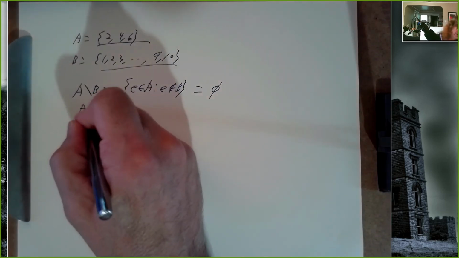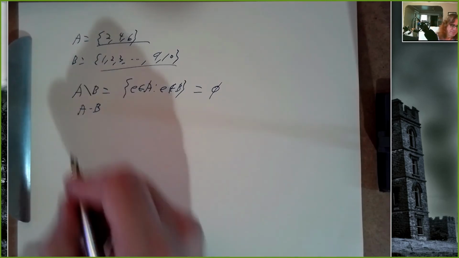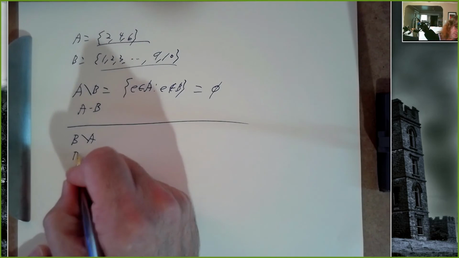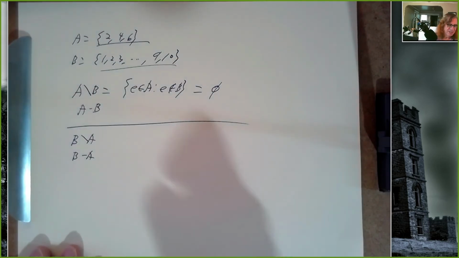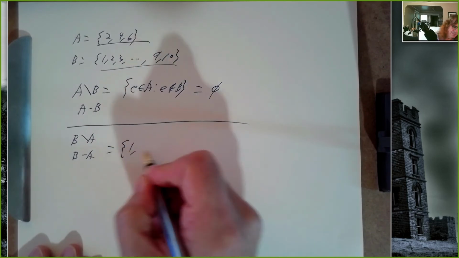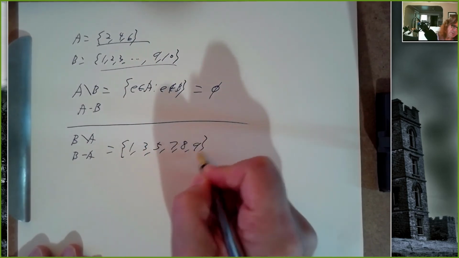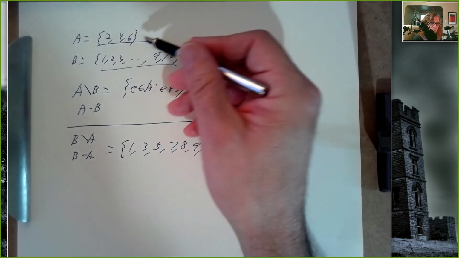So subtraction is sort of the most intuitive way to write complements. Start with this, subtract off B. If we do this in the other direction, start off with the set B, throw away everything that's in A, we just get that.